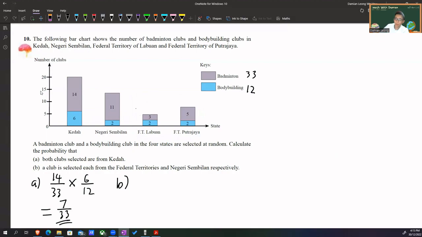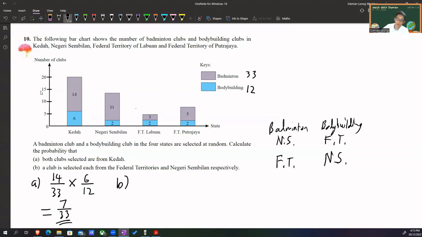So it can be badminton from Negeri Sembilan and bodybuilding from Federal Territory. Or it can be badminton from Federal Territory, bodybuilding from Negeri Sembilan. I consider both cases.